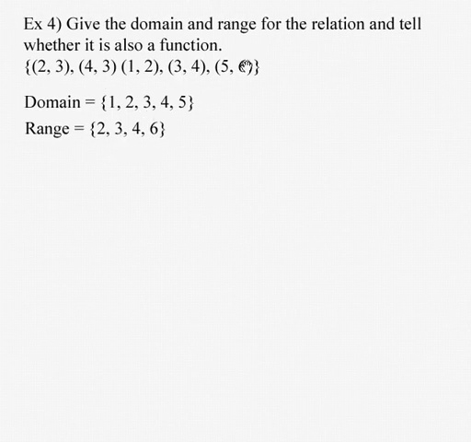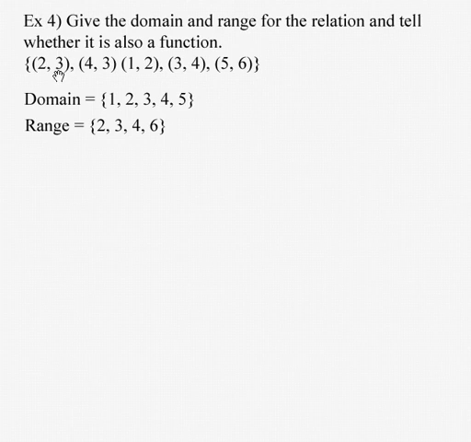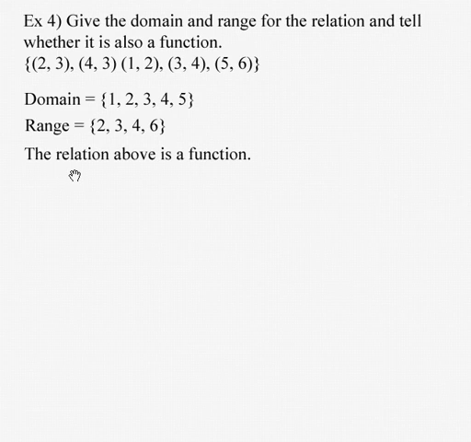We also have the 4 and the 6 for the y values. Since there is repetition of y values, that's not of concern to us at this point, because what we need to do is look for repetition of x values. And since there is no repetition of x values, then for this relation listed above, we can use stronger terminology and say not only is it a relation, but it is a function as well, since there's no repetition of x values. So that's our definition of relation and function.